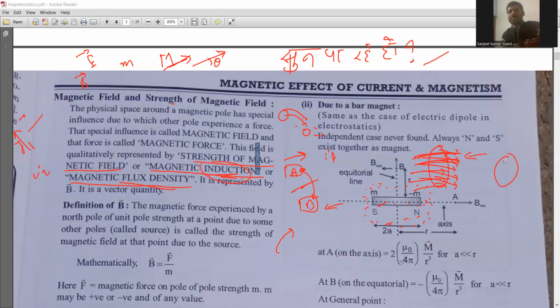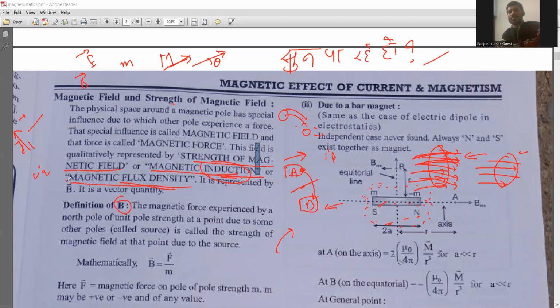And if in this cross section area only some lines are coming, we will say flux density is low. So flux means how many lines come out from a unit cross section area, and you can relate it with the electric field, where you studied flux. The same thing is here, but here you will find magnetic field lines, not electric field lines. But things are similar.